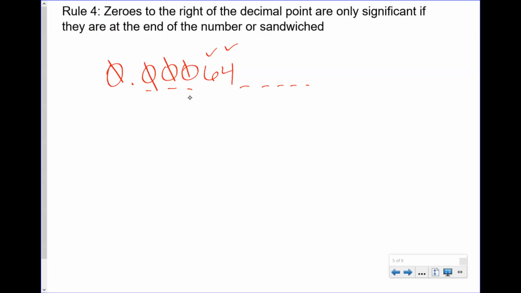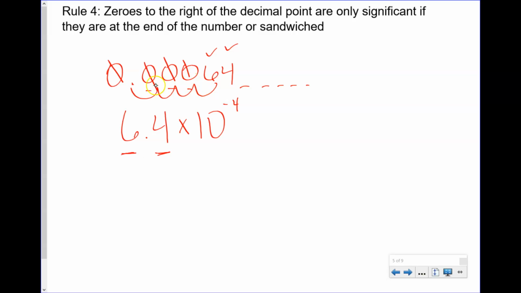And it kind of goes back to the scientific notation rule. I could rewrite this decimal in scientific notation as 6.4 times 10 to the negative 4. Remember, if we move the decimal point to the right, it's a negative exponent. So if I write that number in scientific notation, how many sig figs do I have there? 2.